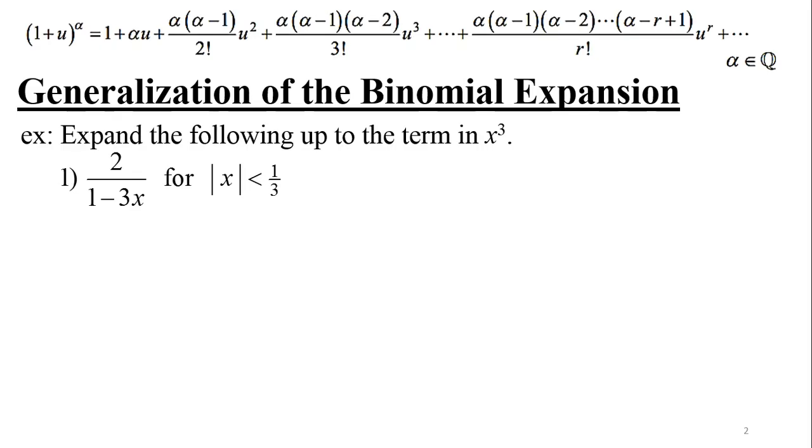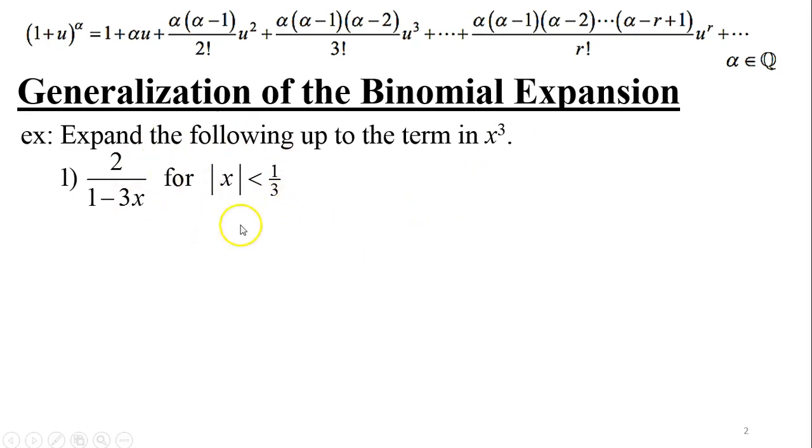So if we start with the first example here, you'd notice that I have placed the formula at the top of the slide in order for you to keep track of how the formulas are being built later on in the example. So over here I need to expand the following up to the term in x cubed. As you can see, they asked you to stop the expansion at the term in x cubed, so this is where you basically stop.